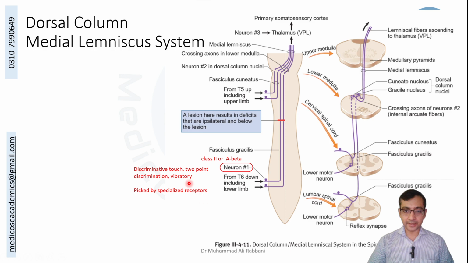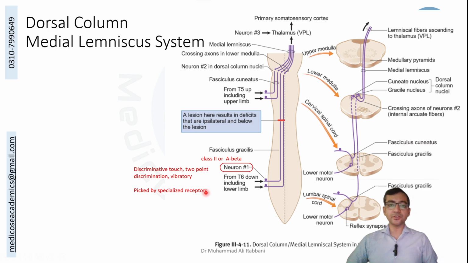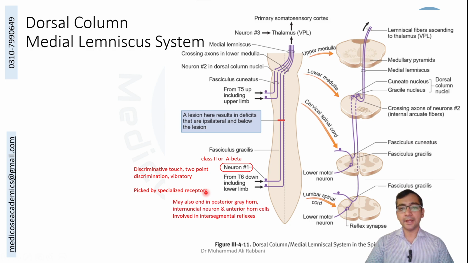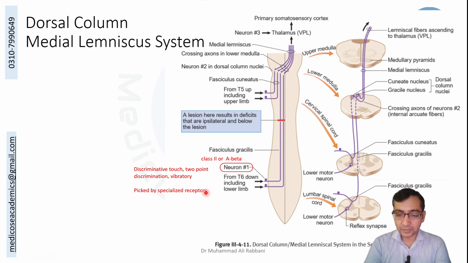This information from the receptors is carried by the peripheral process of the first order neuron, which is of class 2 or beta type, and these cells enter the spinal cord with their cell body outside.